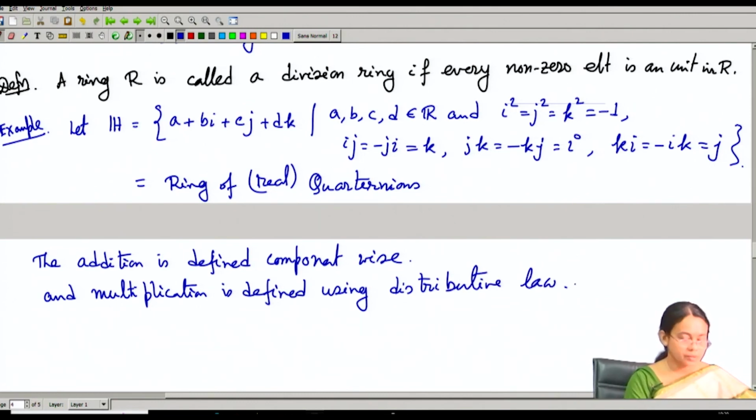You can check by yourself that H with respect to this addition and multiplication forms a ring, but this ring is not commutative, because you can see that ij is not the same as ji, it is minus ji. Therefore, this is a non-commutative ring.